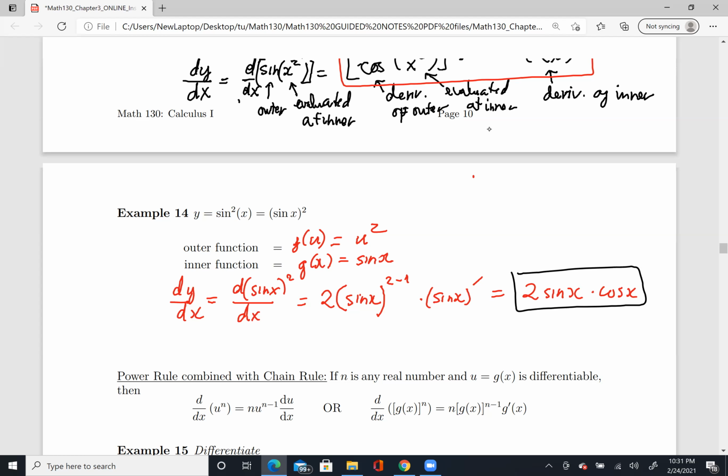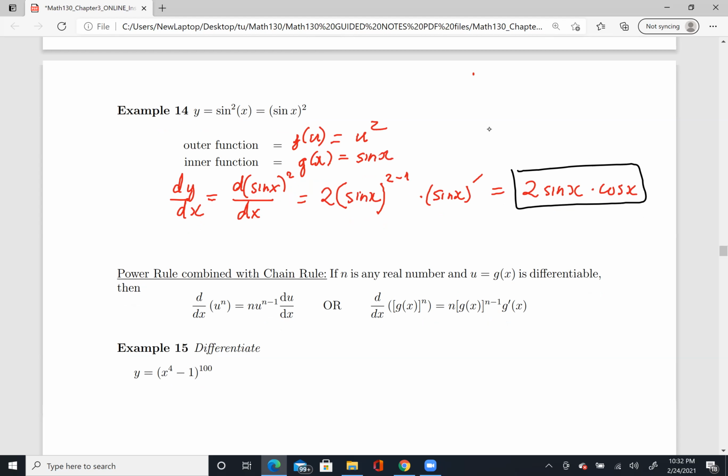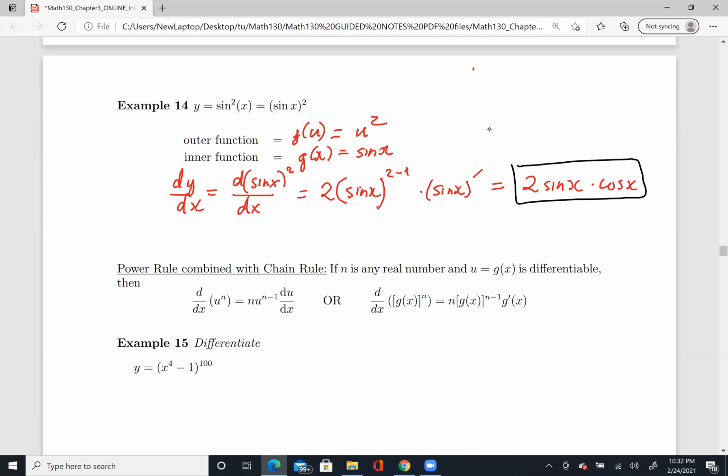Okay. Now I would like to introduce the power rule combined with the chain rule.